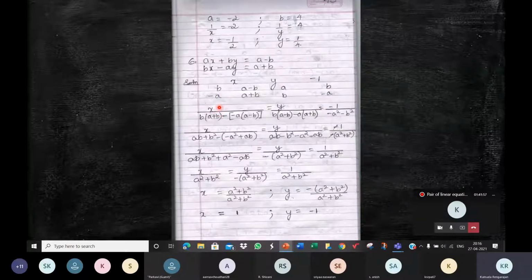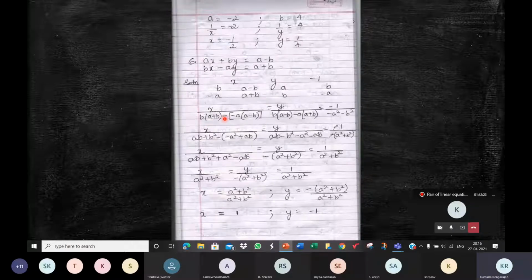And now see here, x divided by... how does the cross multiplication method work? We need to find the cross products and find the difference of the cross products. So this one first, b into a plus b. X divided by this product, b into a plus b.